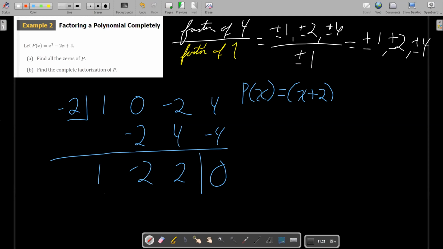And then whatever my quotient is, and of course my quotient's here. Okay, it's a third degree polynomial divided by a first degree polynomial, so it becomes an x squared, x and constant, right? So this is going to be x squared minus 2x, and then plus 2. Okay, so I'm going to erase that synthetic division there.